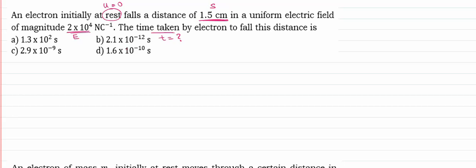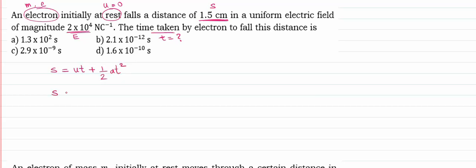E is given. Since he has mentioned an electron, you know the mass and charge of the electron. So time is what we are required to find, and we will use the formula s is equal to ut plus half at square.